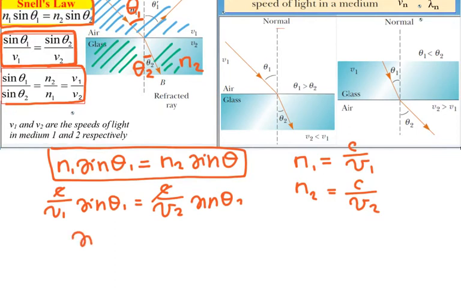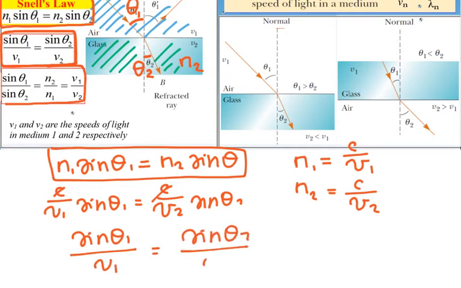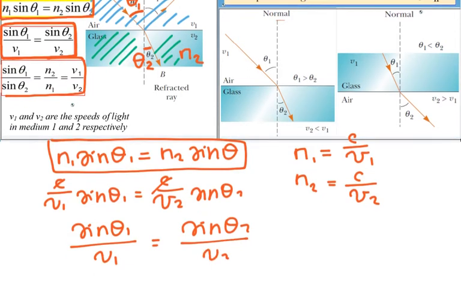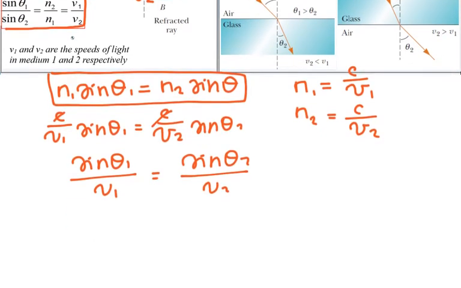So if I have sine theta 1 over V1 is equal to sine theta 2 over V2, let me show an example. 4/16 is the same as 6/24.